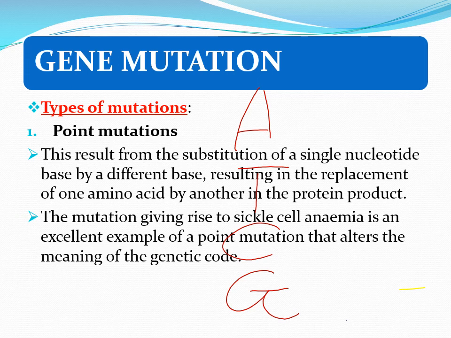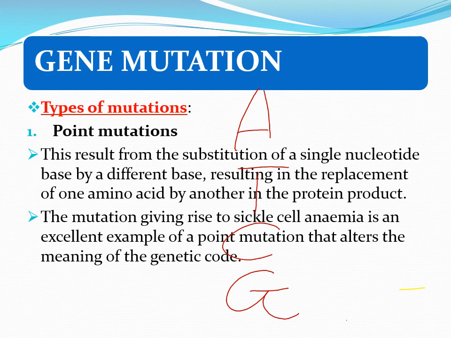The RNA doesn't have thymine, it has uracil, while the DNA has thymine instead of uracil. That's what makes the difference between DNA and RNA. They both contain nucleotide bases, but the only difference is that in RNA, thymine is replaced by uracil.